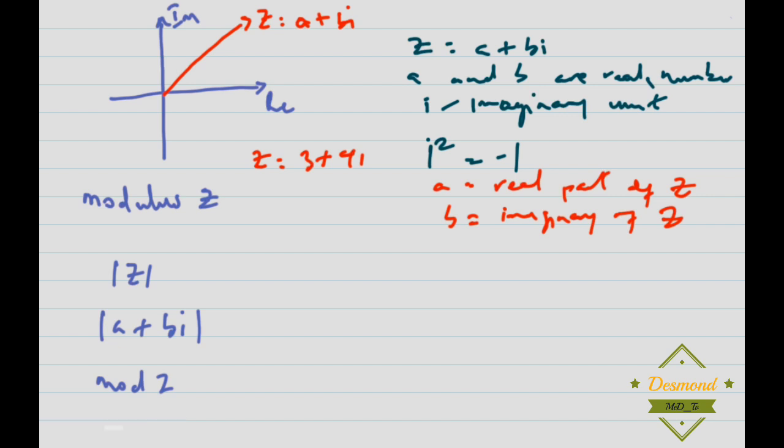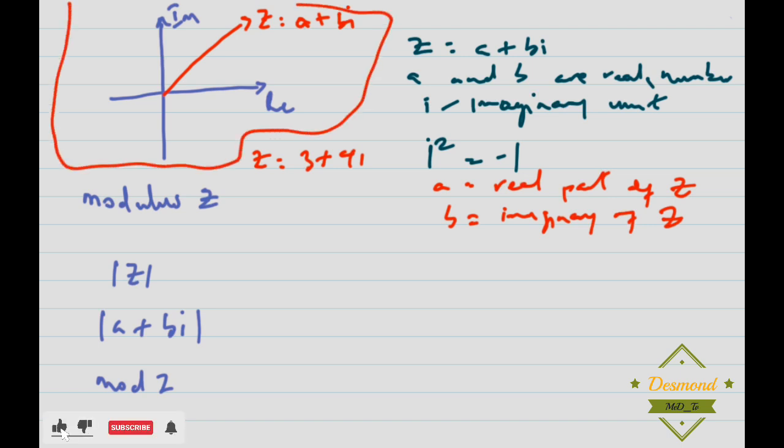The modulus of a complex number is a measure of the distance from the origin to the point represented by the complex number in the complex plane. So let's say this is our complex plane here, and on this graph we have a complex number represented.